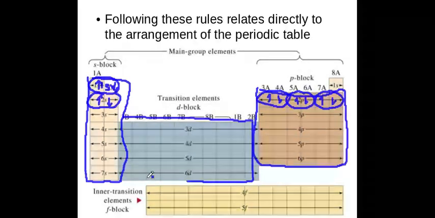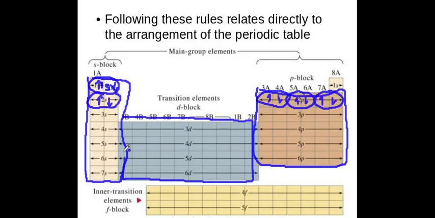And the number of elements that fit within the block corresponds to the number of electrons that you can fit within those orbitals of that block. So for example, the S block is only 2 elements wide because an S subshell can only hold 2 electrons. A P is 6 wide because there's 3 orientations. Each one can hold 2 electrons.